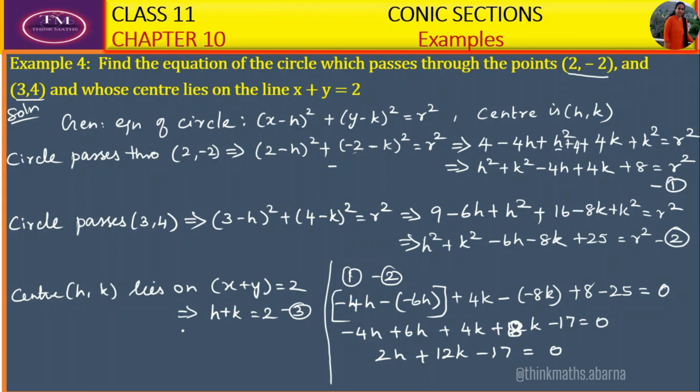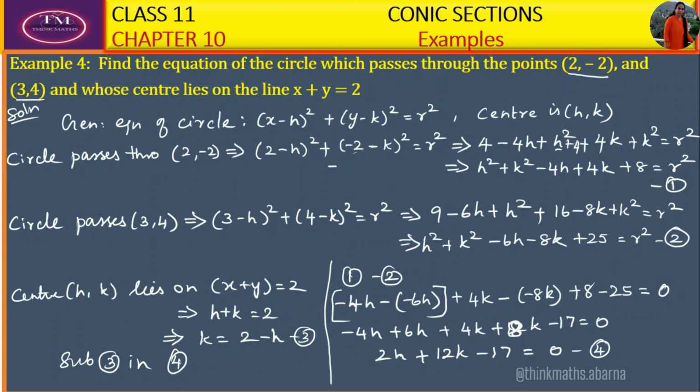Now from this third equation, suppose I am going to get k. So k will be equal to 2, and if h comes to the right hand side, it will be minus h. So let us name this equation as 3, and the previous one as 4. We can substitute 3 in the fourth one.